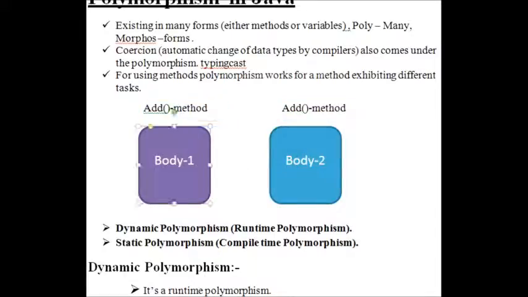One add method contains one body, nothing but implementation, and the other add method contains another implementation. So though these two methods have the same name, they differ in their implementation, nothing but the body part. How the compiler and the runtime execute this polymorphism, we shall see.